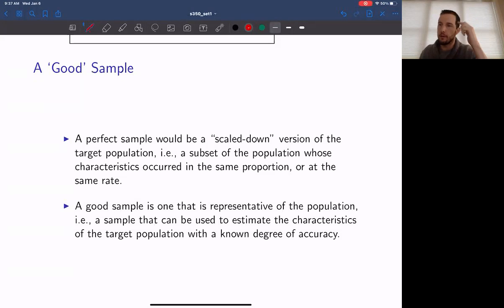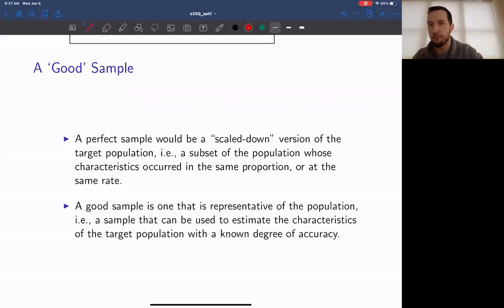So how do we do this is one of the big questions that we're trying to answer in this course. The perfect sample, which is basically a toy model of the population where everything is in the right proportion, is going to be extremely difficult to collect.